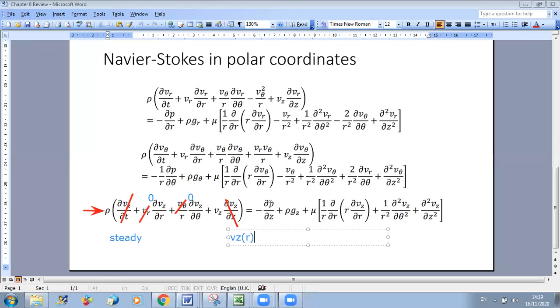So from this side we don't have any term. Now from the other side, we have minus del P by del Z, plus rho Gz.